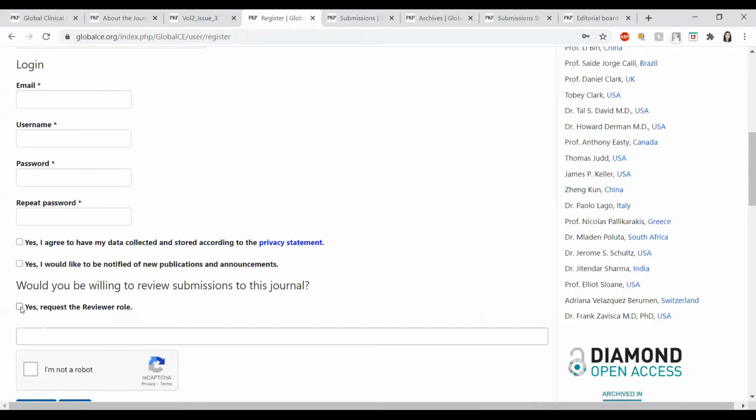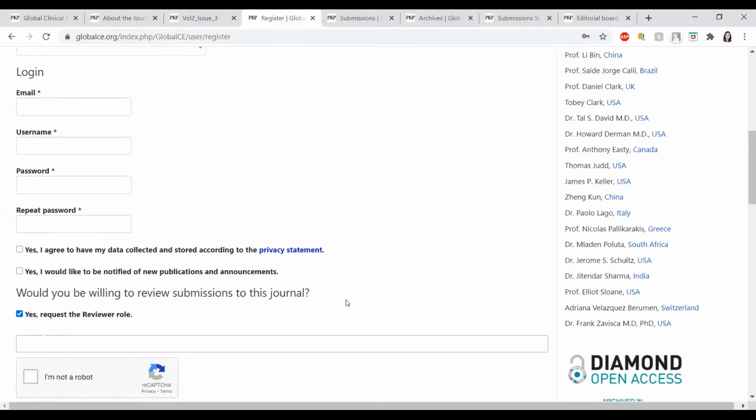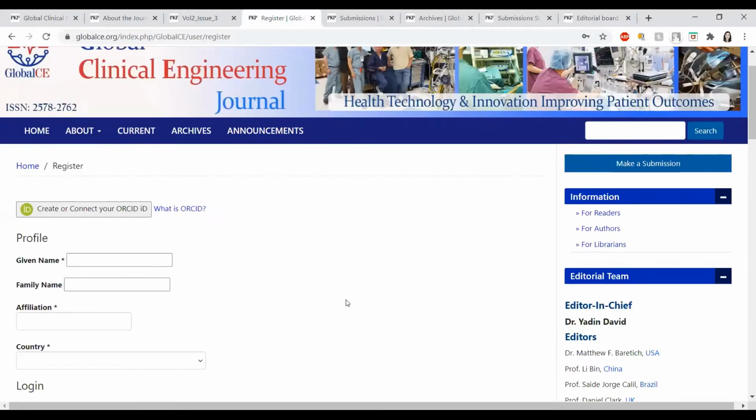If you do have an area of expertise, we ask that in addition to being a reader or a submitter, you tell us that you would like to become a reviewer of other people's submitted material, and tell us the specific area of expertise that you hold so we can guide the appropriate paper for your review.